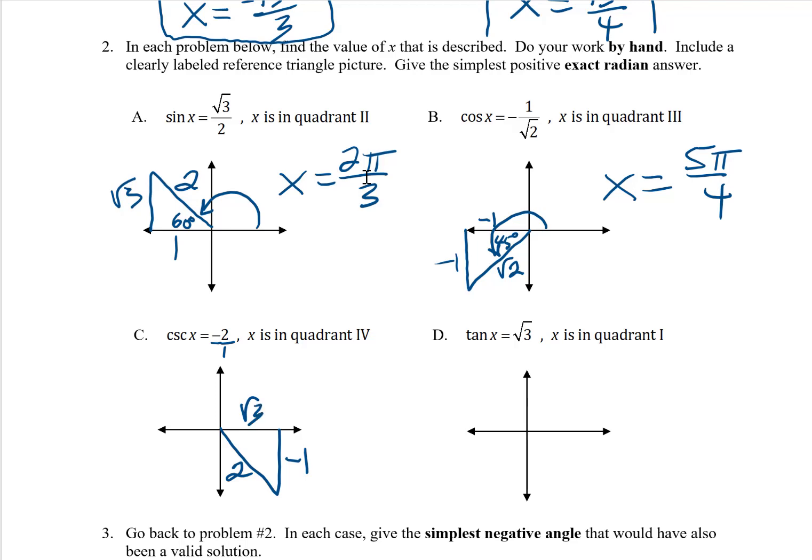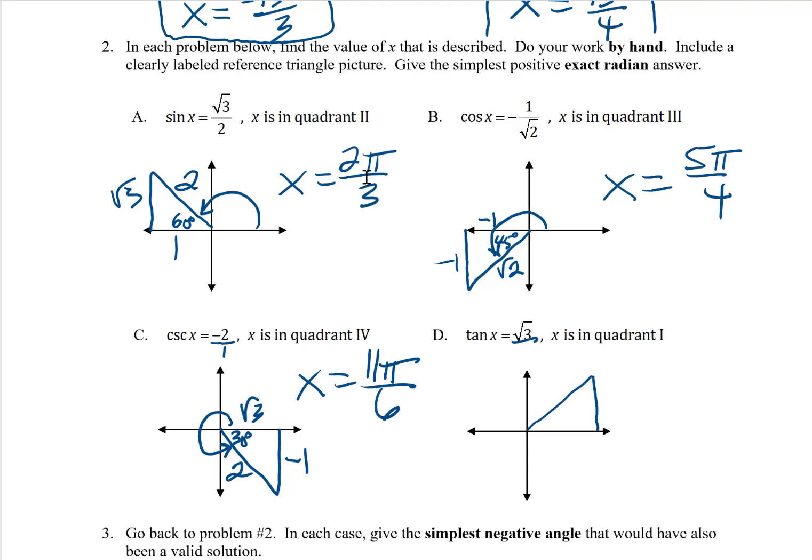It's just another 30, 60, 90 triangle. This time the reference angle is 30 degrees, since that's opposite the 1. And again, we want the smallest positive angle, so that's going to be 360 minus 30. That'll be 330 degrees, which in radians is 11π/6.